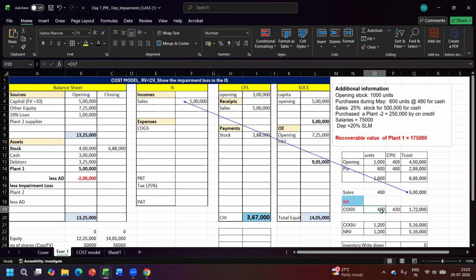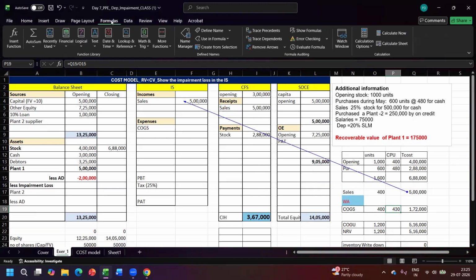As I already mentioned, our assumption is to use weighted average cost. So the cost of goods sold will be determined by finding the weighted average cost. The weighted average cost is equal to P1 into Q1 plus P2 into Q2 divided by Q1 plus Q2. So 430.